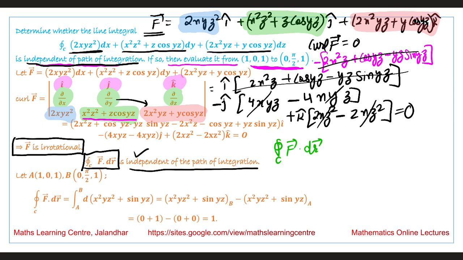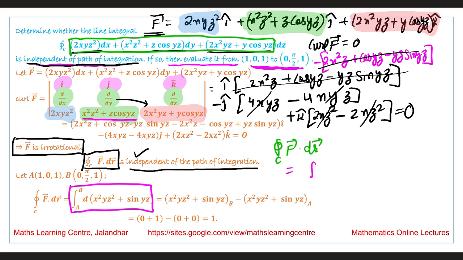We have this whole function, and this function is the total derivative of this term. We are saying this is equal to the integration from a to b. It is independent of path, so we have to integrate between these two points. It is a to b, d of (x square yz square plus sine of yz).